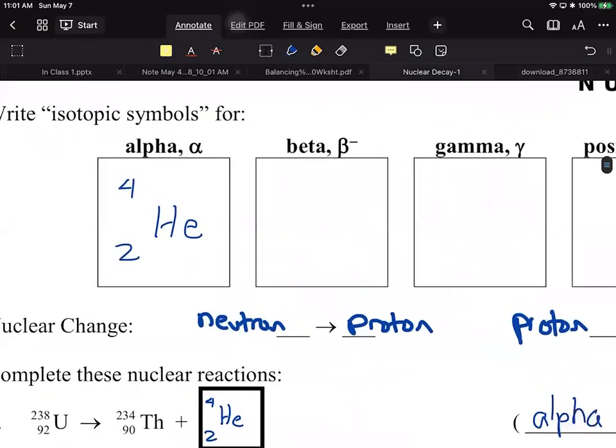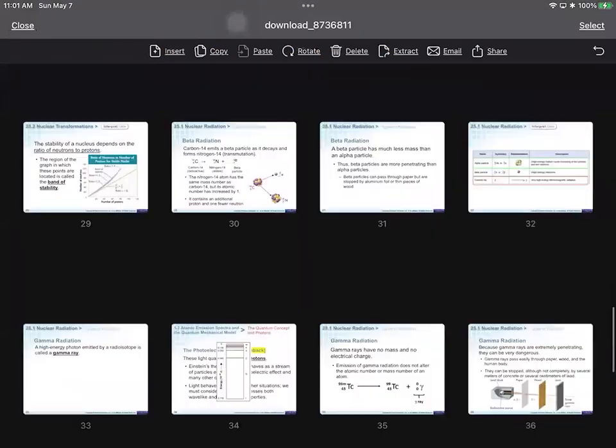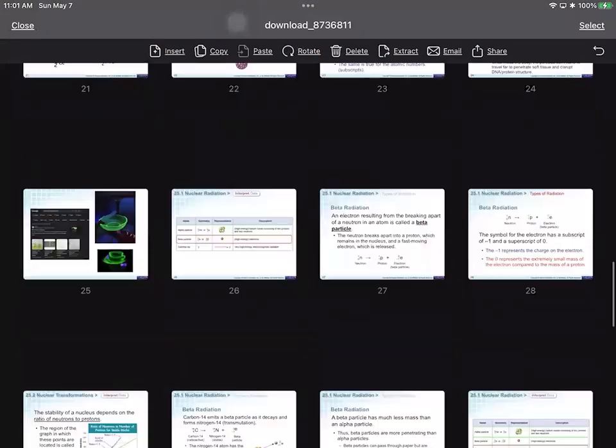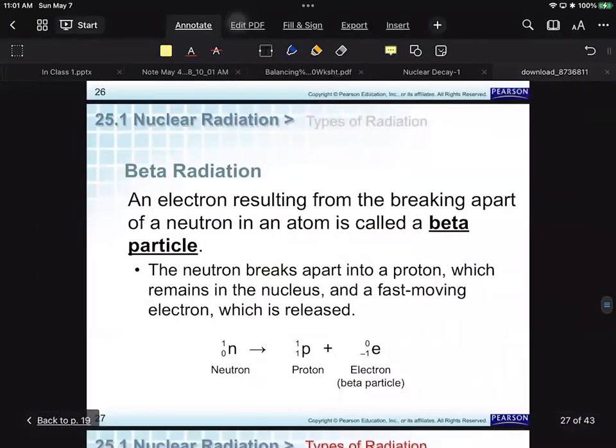Beta decay is down here. Beta radiation is an electron resulting from a breaking apart of a neutron in an atom, called a beta particle. The neutron breaks apart into a proton, which remains in the nucleus, and a fast-moving electron is released.